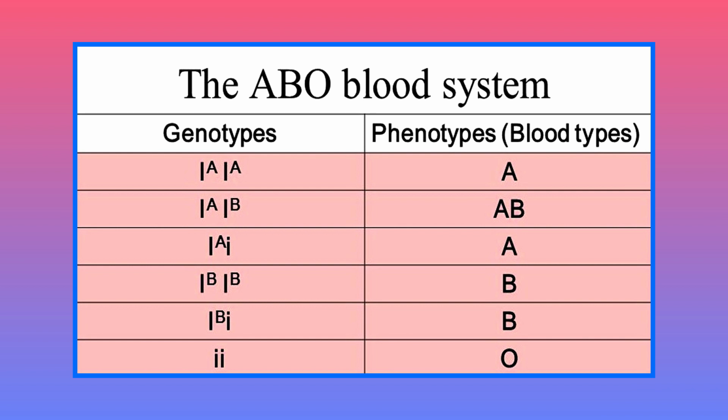The IA and IB alleles are responsible for the production of A antigen and B antigen respectively. The allele IA for A antigen is codominant with the allele IB of antigen B.